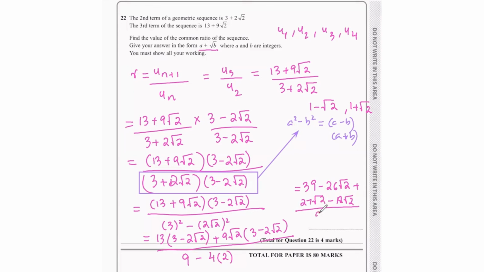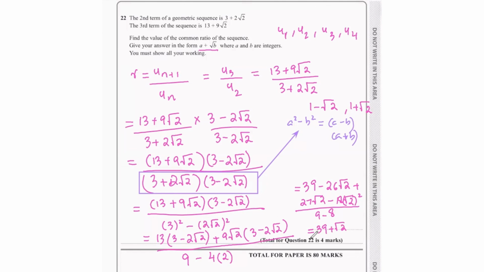Divided by 9 minus 8, and I'm running out of space. This was squared: 18 root 2 square, because 9 root 2 times 2 root 2 is 9 times 2 is 18, and root 2 times root 2 is root 2 squared. So that's 39, minus 26 root 2 plus 27 root 2 is positive root 2.